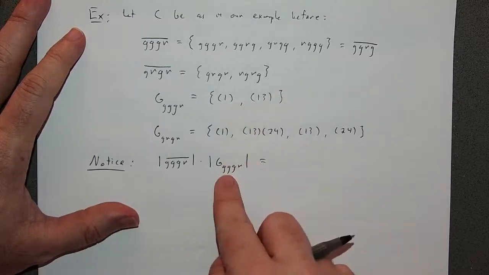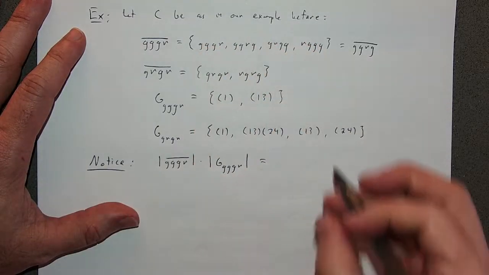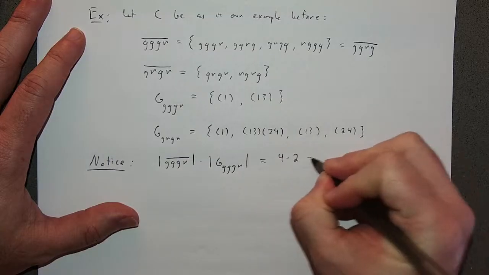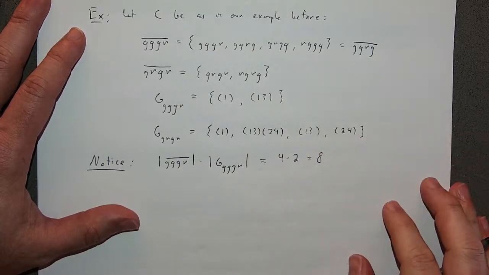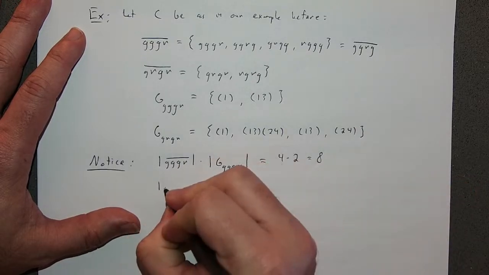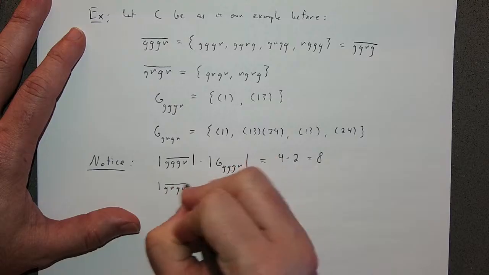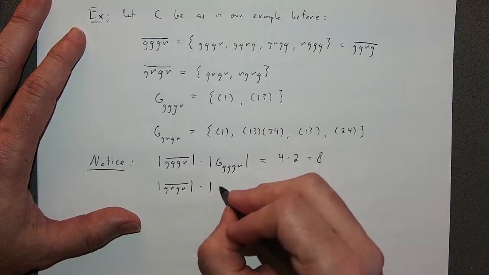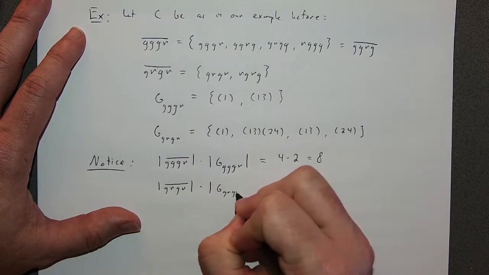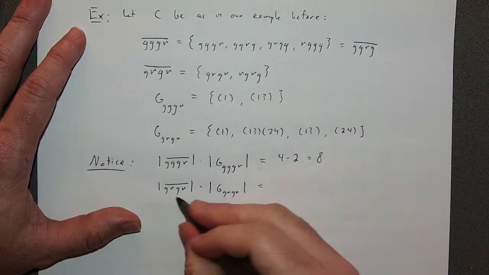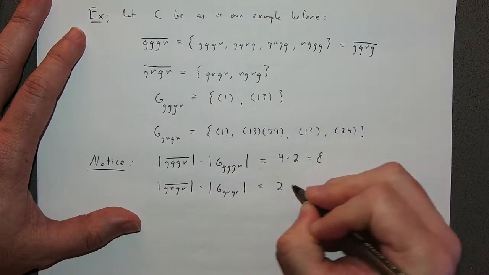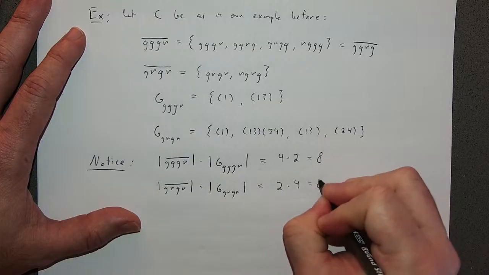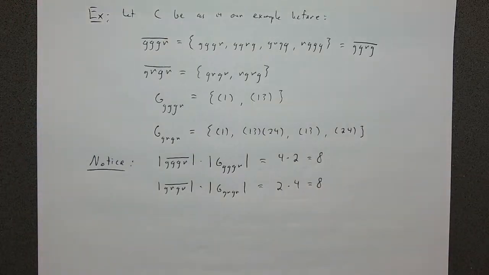So the size of its stabilizer is 2. The size of this equivalence class is 4. So this would be 4 times 2, which is 8. Then also notice that the product of the size of the equivalence class and this other stabilizer we computed is 2 times 4, which is also 8. What's the relation there?